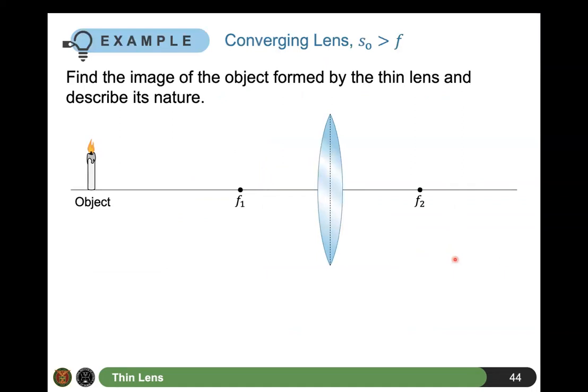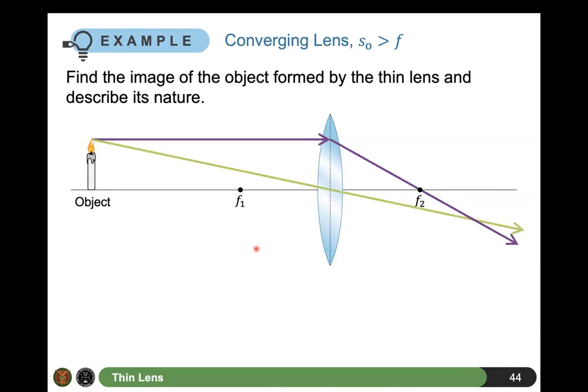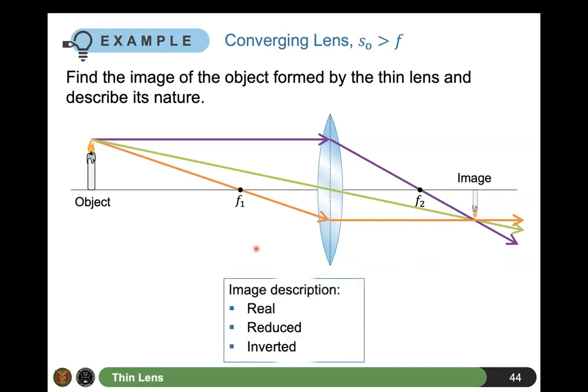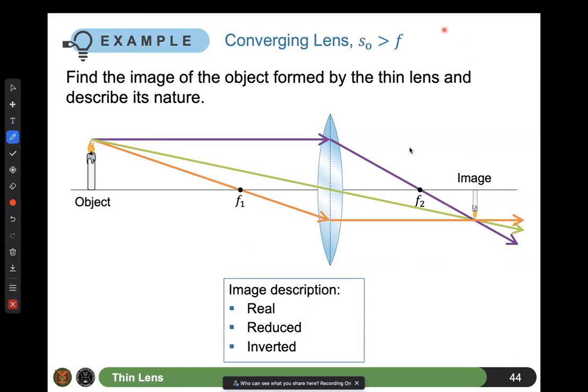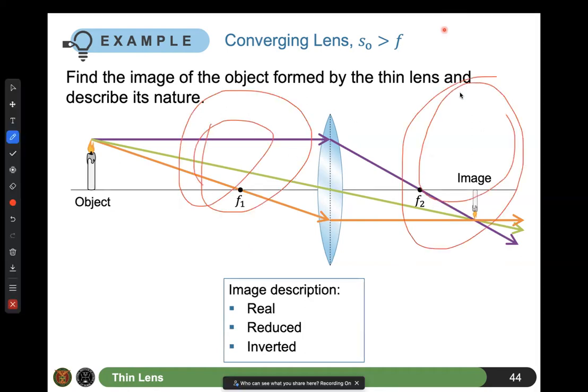If the object is situated farther from the focal point, or the focal length, this is the first ray, the parallel ray, this is the central ray, this is your focal ray. So what image is formed? That will be a real image, reduced and inverted. Why is it real? Because we expect this to be the incoming side and this the outgoing side.